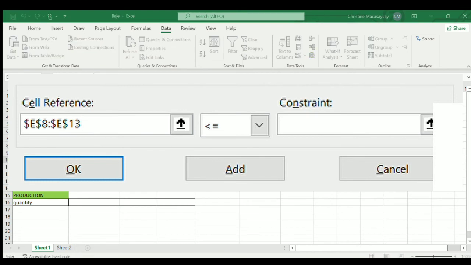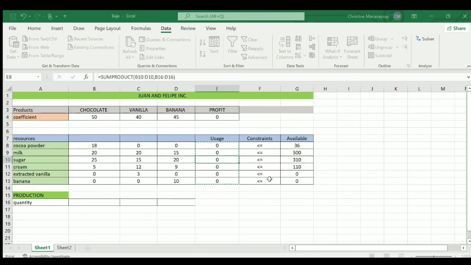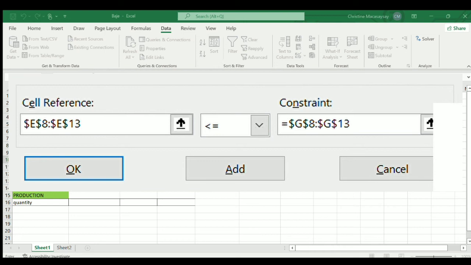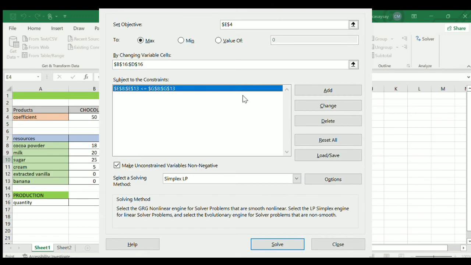Now for the constraints, we are going to drag down the usage from cocoa powder to banana for the cell reference, and for the constraints, the available resources from cocoa powder to banana. Then click OK.